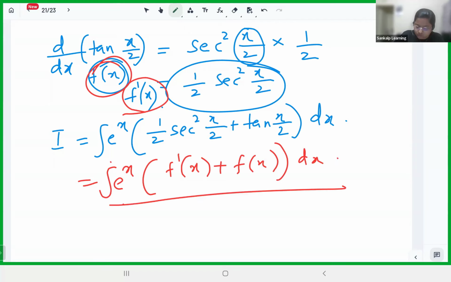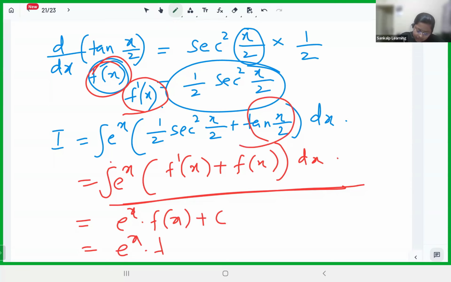Are you familiar with this one? We have already proved in the earlier problem that this is nothing but e raised x into f of x plus c. So here f of x is tan x by 2, so the answer is e raised x into tan x by 2 plus c.